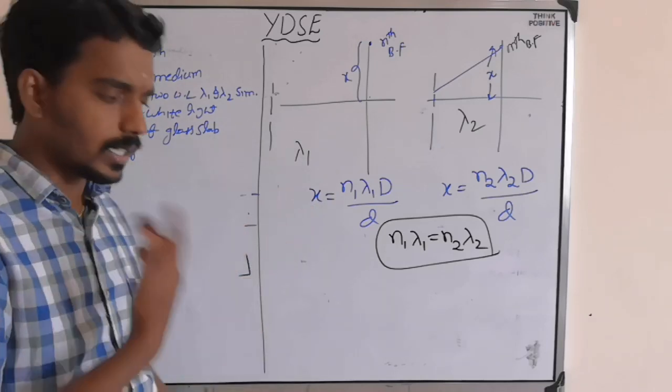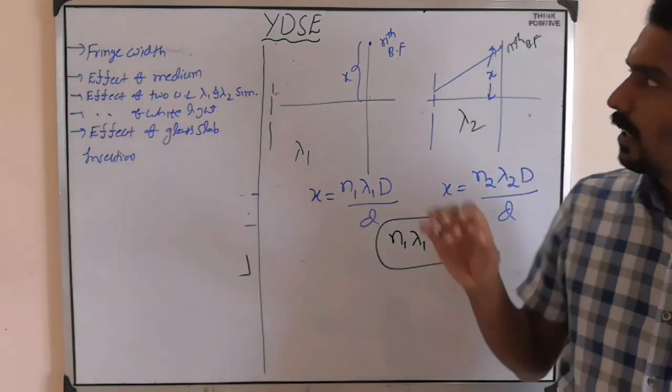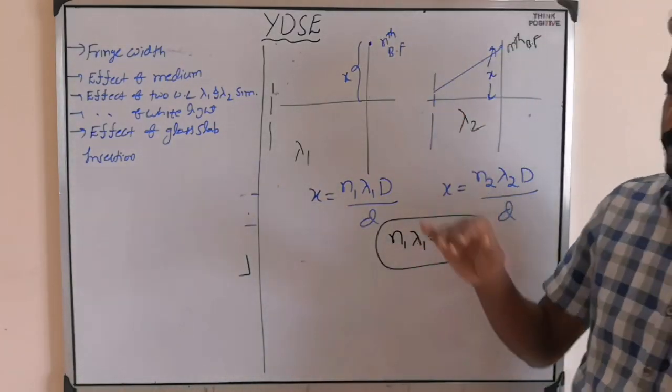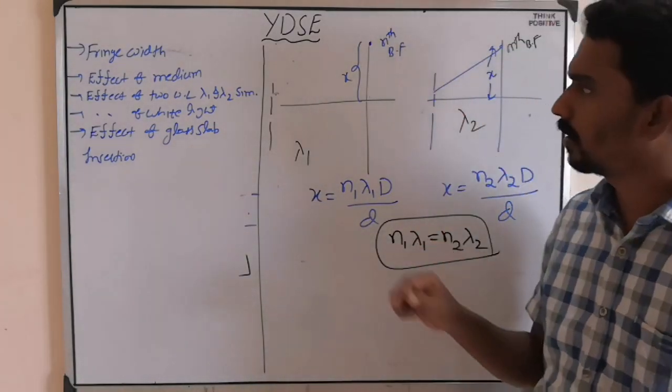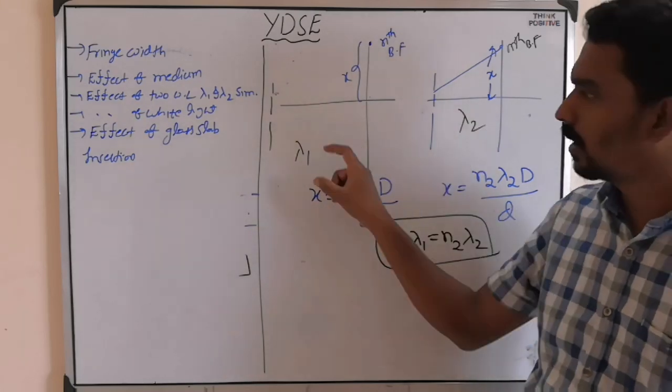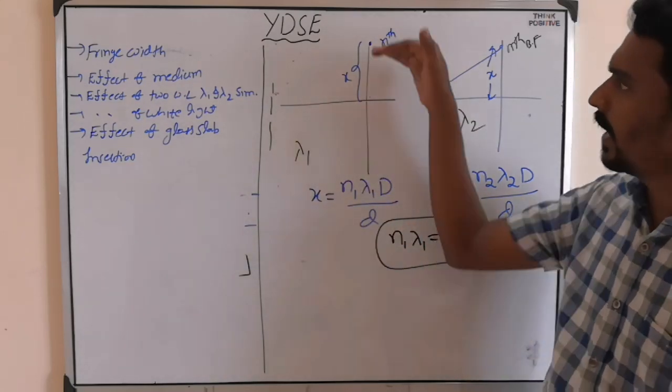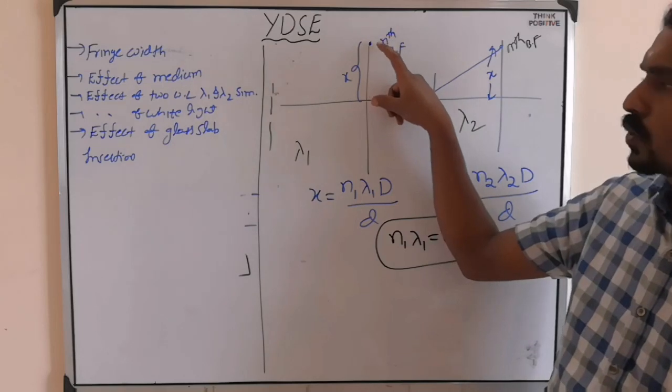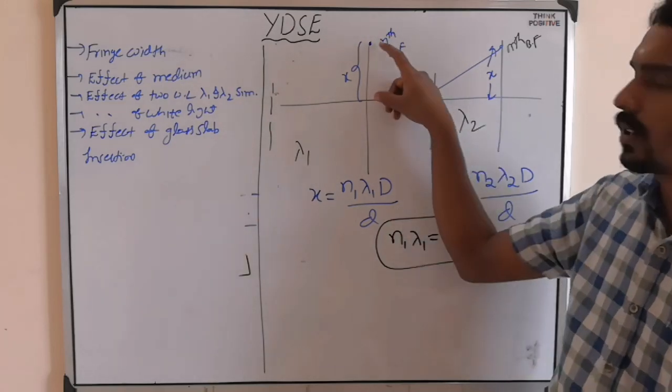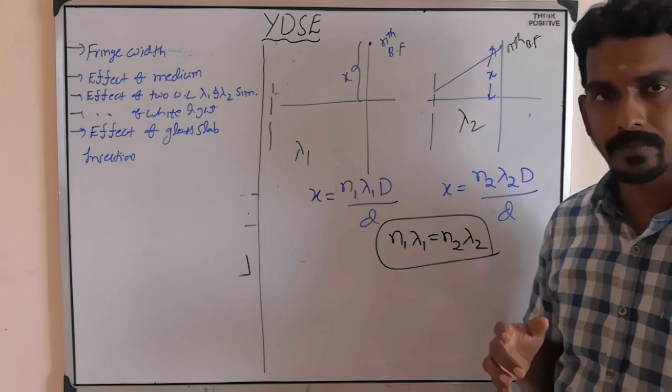Or they can ask you in a similar way for the same situation. See the way of the question. First they have used lambda 1, and at a distance, let's suppose 5 centimeter, they got the fifth bright fringe.